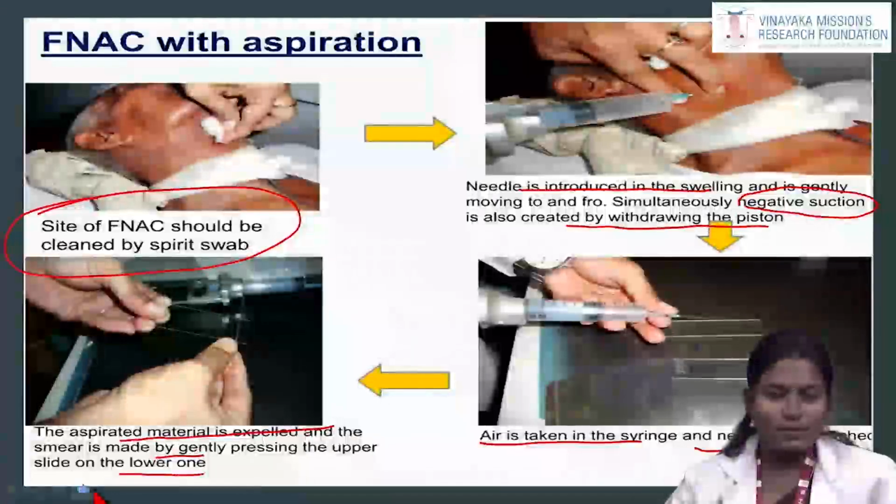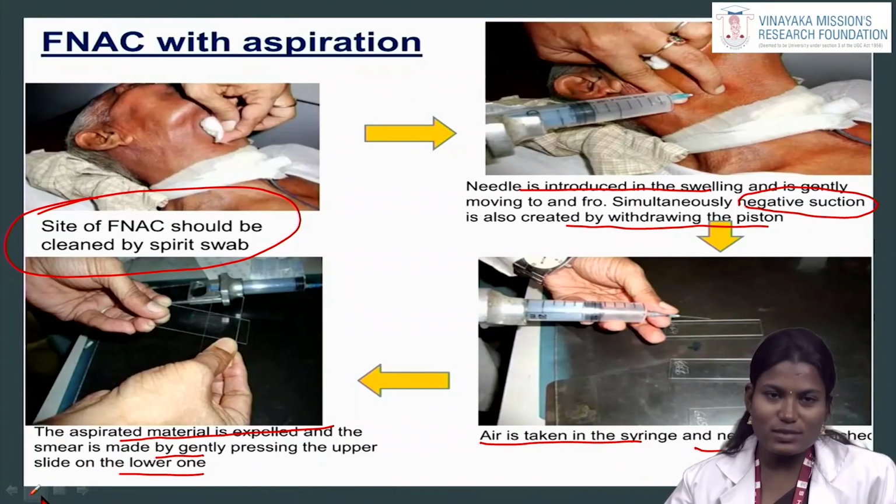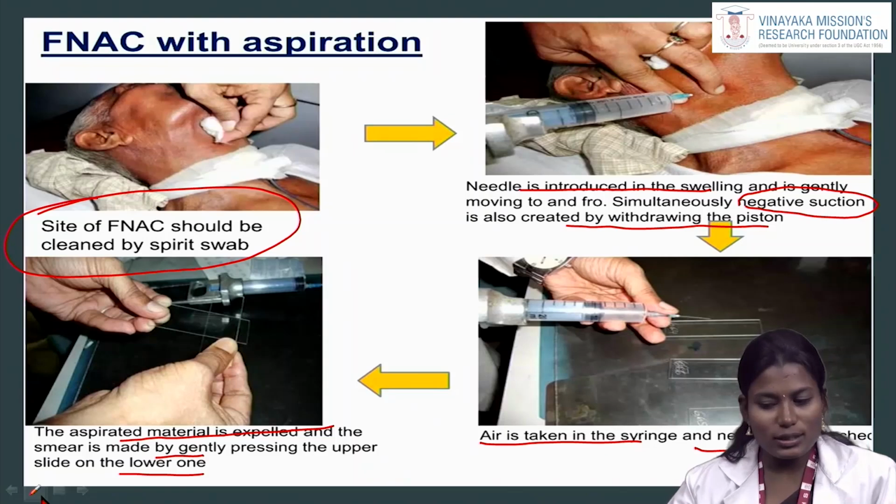Finally, the simple procedure for FNAC with the aspiration technique is: first, the patient should be positioned comfortably, and then an antiseptic solution is used to cleanse the area of the lesion or wound. Then the needle is introduced into the swelling and gently moved to and fro, collecting the material using the negative pressure, the lower atmospheric pressure inside the body.